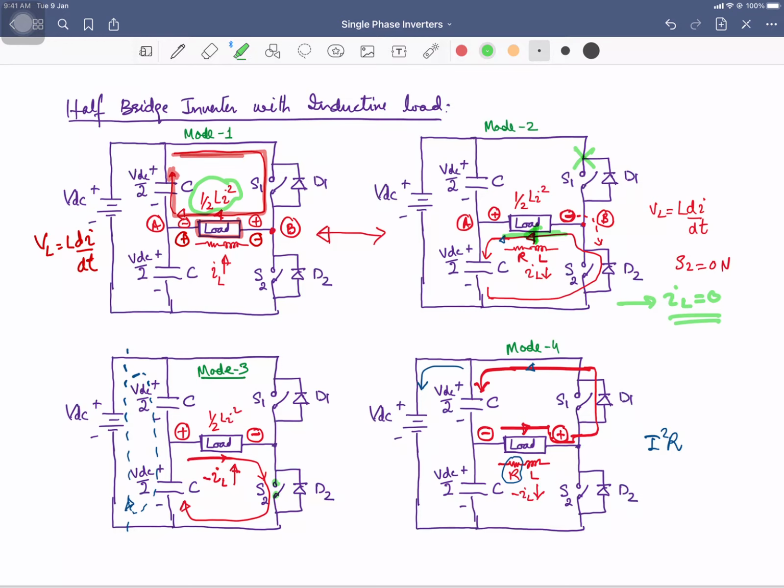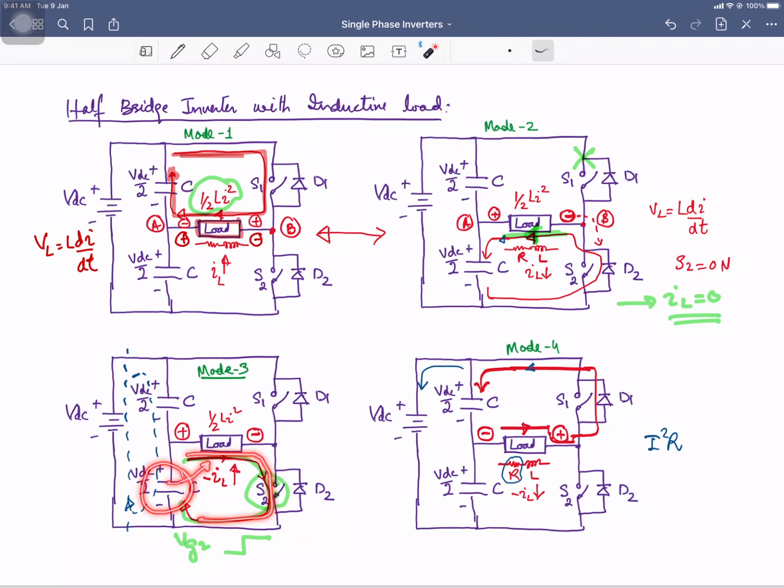So once it becomes 0, then if your switch S2 is on, means you have applied the gate voltage VG2 at the gate of the switch, then the current is going to develop in this direction. This is the loop of the current, because this switch is turned on and the current is going to flow like this. So now this will be acting as the source. It will be storing the energy in the load, and the current is going to flow in this loop.